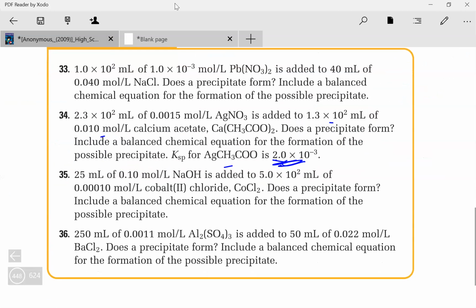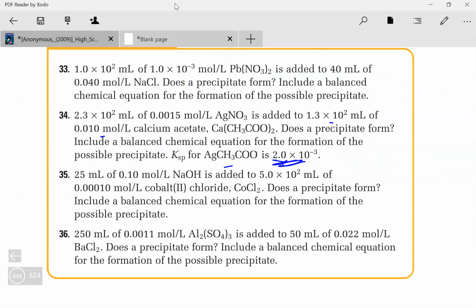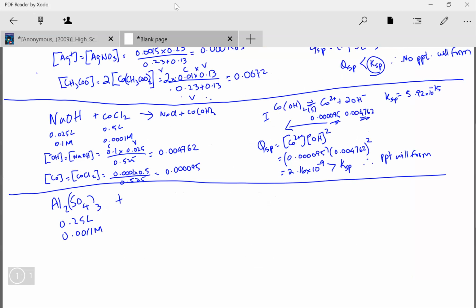Last one. 250 milliliters of aluminum sulfate, 0.0011. Let's see. Aluminum sulfate. What is that added to? 50 milliliters of barium chloride, 0.022.